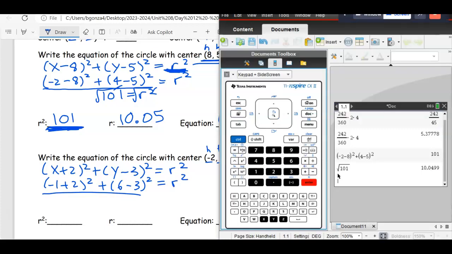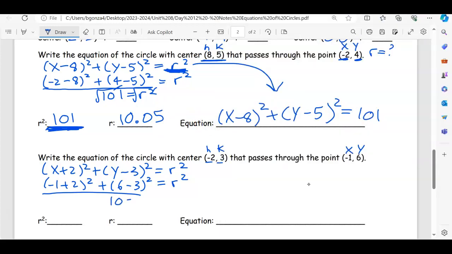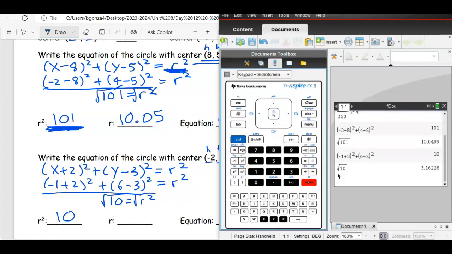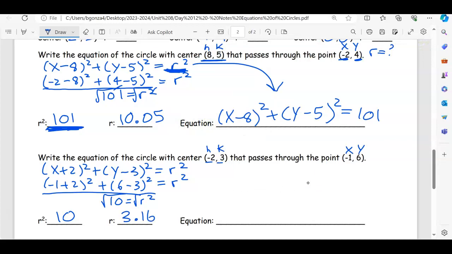Plug this into the equation, into the calculator. Ten is r squared. To find r, I got to do the square root. But for my equation, I'm going to rewrite this using r squared and h, k.